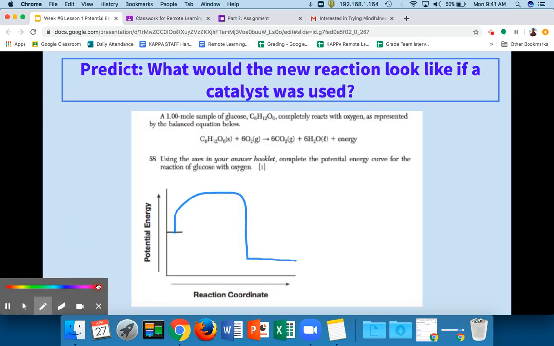Okay, so I want to take us back to this question. Now, here's our graph for the energy of the reaction for cellular respiration. Now, I want you to predict, what would the new reaction graph look like if a catalyst was used? So, how would the graph look different if the catalyst was used?